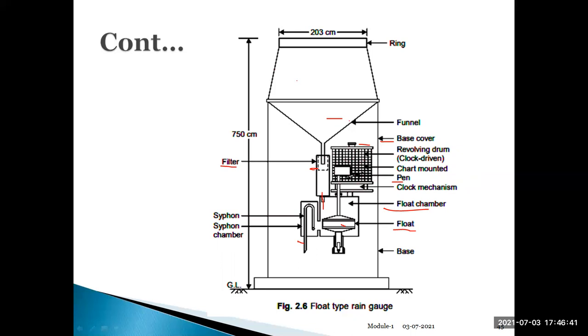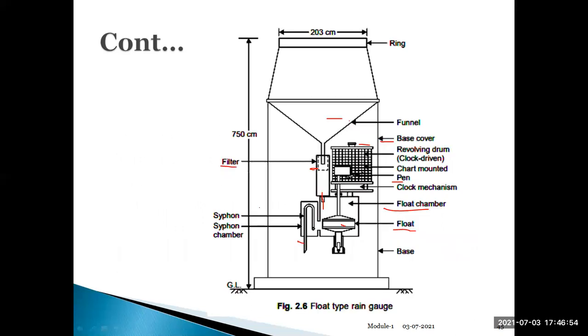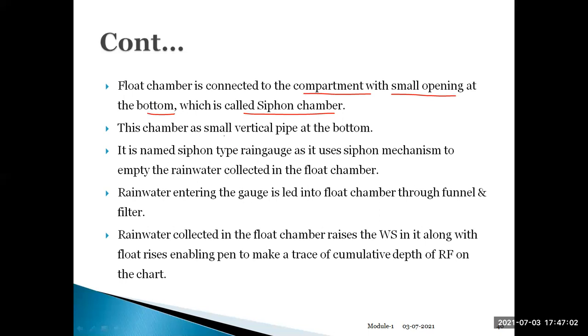So let us see what the siphon mechanism is, and how this is going to record the graph. The float chamber is connected to a compartment with a small opening at the bottom, which is called a siphon chamber. As you see here, the float chamber is connected to a siphon chamber with a small opening. This is a small opening. This chamber has a small vertical pipe at the bottom.